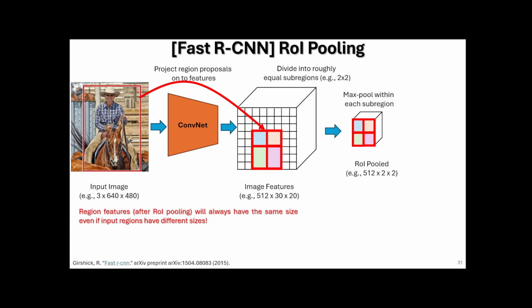So each of these windows, you pass it through this ROI pooling, the output size will remain the same, let's say 512 cross 2 cross 2, irrespective of the mapping size, because there will be a certain dimension associated with this, which I'll explain to you in the next slide. But eventually what you want is, irrespective of the bounding box size of your region proposal, everything should have the same size like this. Okay, so that's the idea.